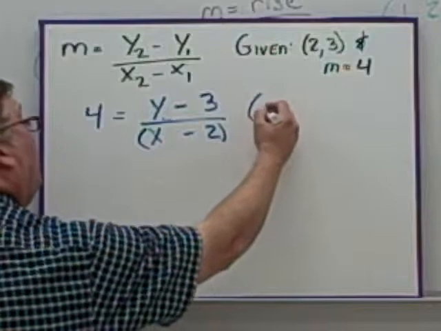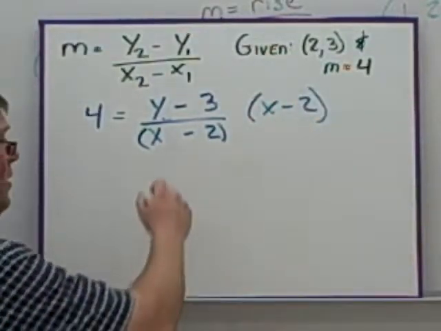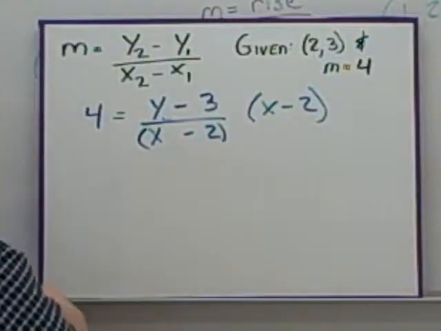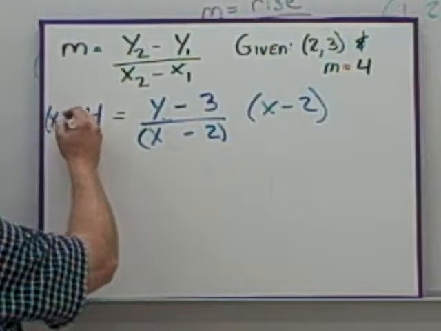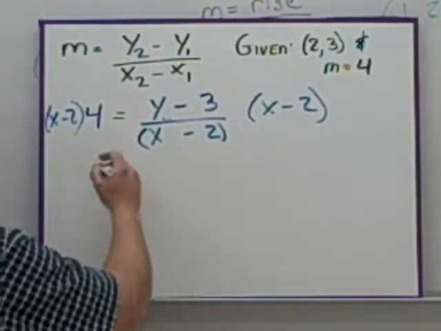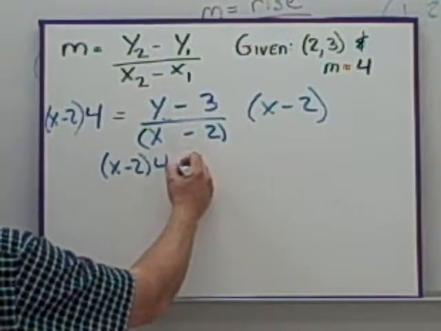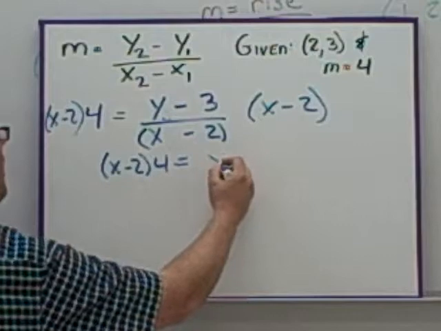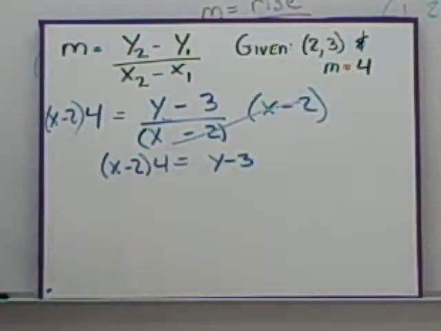So I need to multiply by x minus 2 to get rid of it. Because this and this will cancel. But whatever you do to one side, you have to do the same thing to the other side. So at this point, you have x minus 2 times 4 is equal to y minus 3, because these two things cancel out.